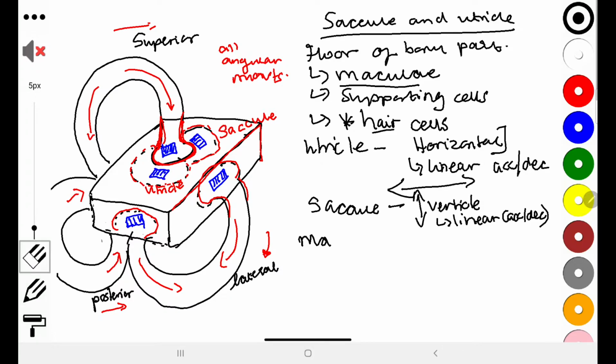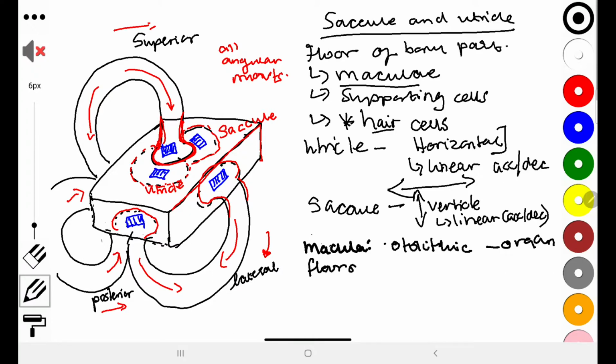So what is the macula? What are we really talking about? When you talk about the macula, we're talking about an otolithic organ, and it is at the floor of both the utricle and the saccule.